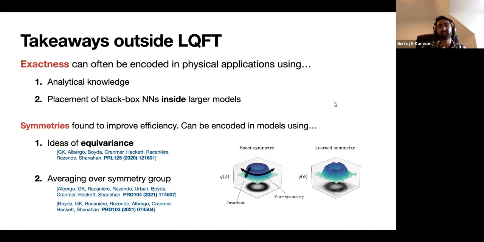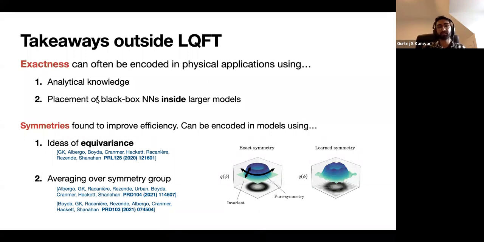So the takeaways then, more general, are that exactness can often be encoded in physical applications, and to do so requires a use of the analytic knowledge. In our case, we've used the knowledge of e to the minus action as the target distribution for exactness in the sampling.